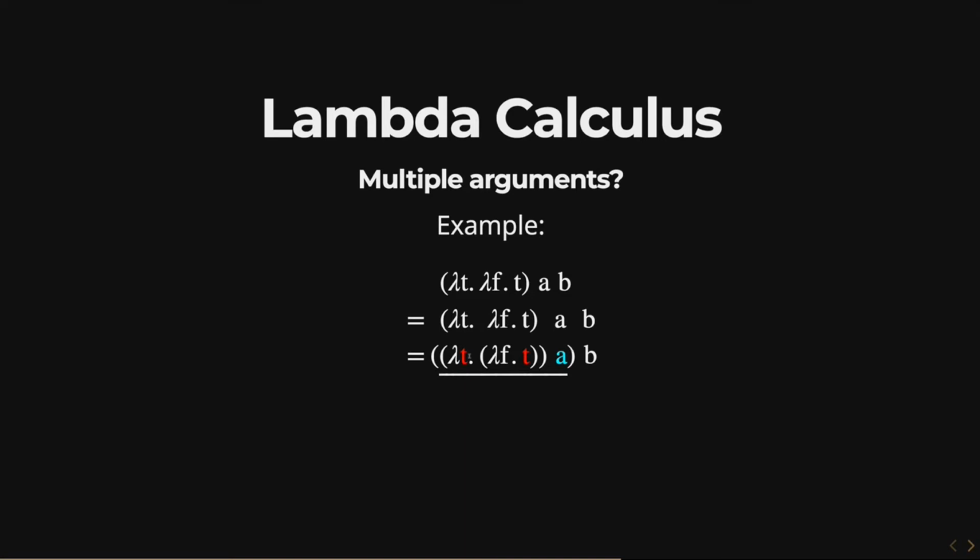And so this leads to the body substituting t by A, right? So that's what you get here. And then when you apply this to B, well, you're not using F anywhere, so that's just the A. Right, so you essentially did what the example in JavaScript was, right? So you selected the first term. So even though you used only functions with 1 argument, you actually effectively have a function of 2 arguments.